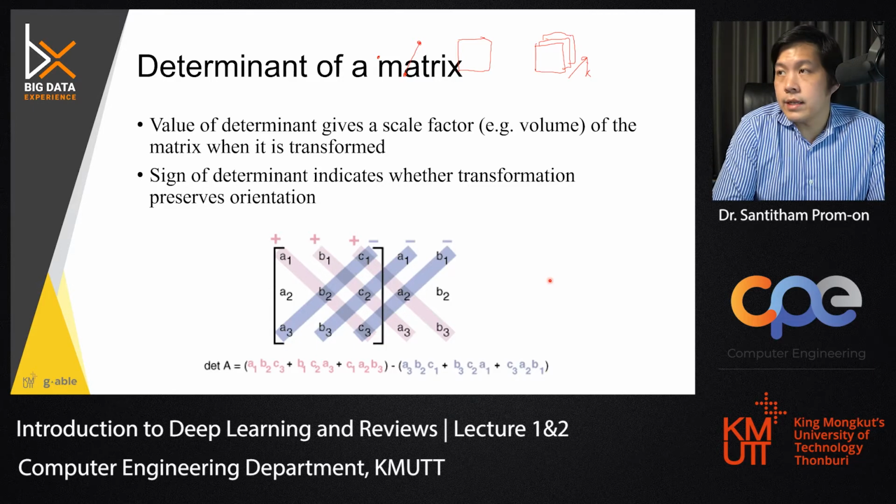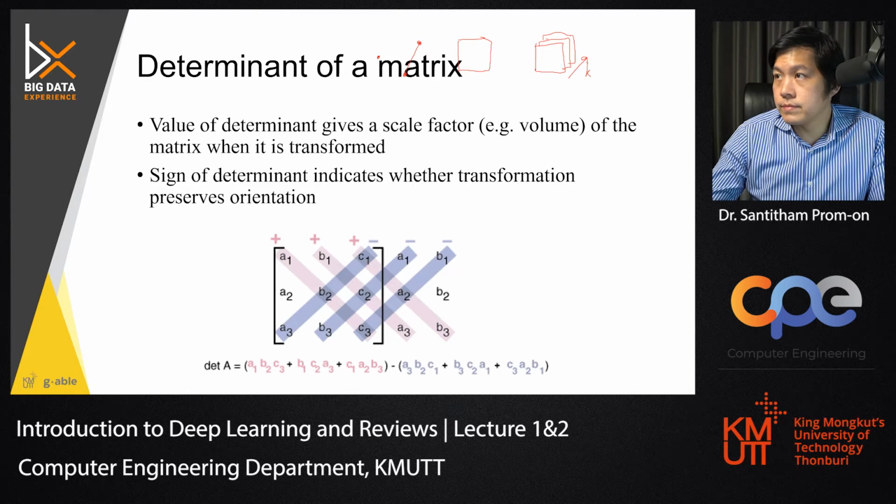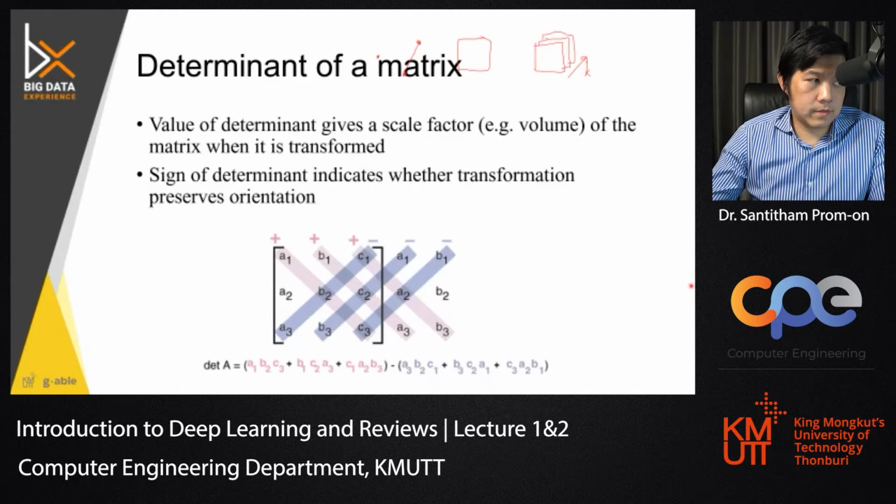Let's take a look at an example here. Okay. So calculation of determinant can be done by multiplying down, you have the positive terms, and multiplying up, you have the negative terms. Right.